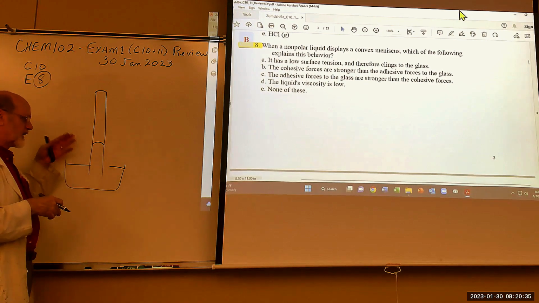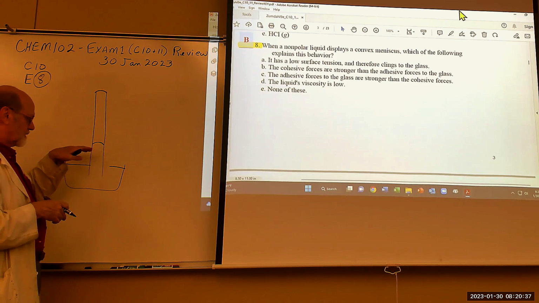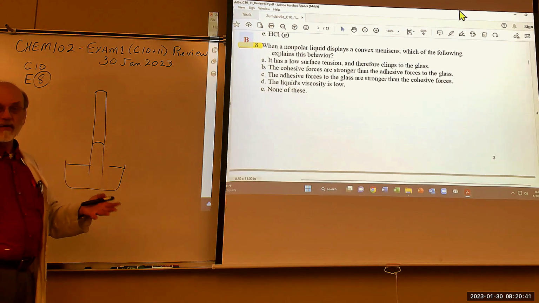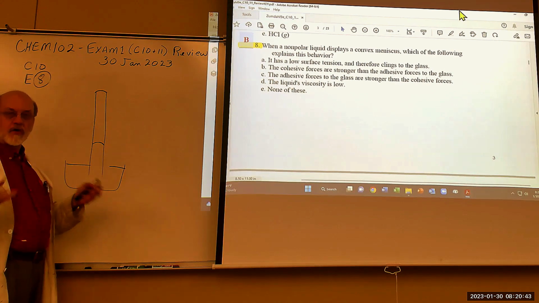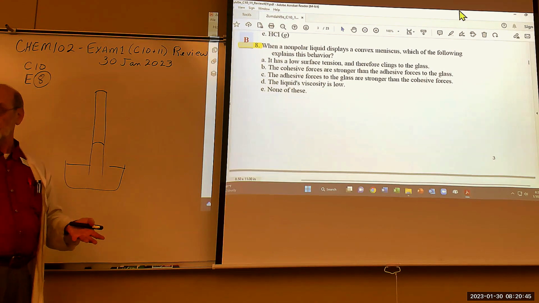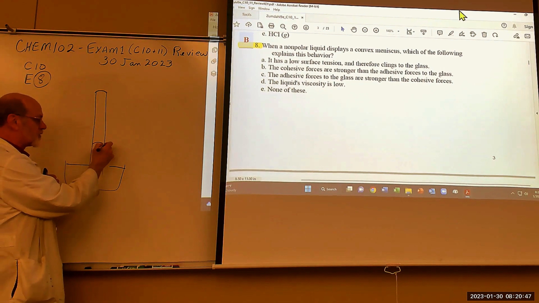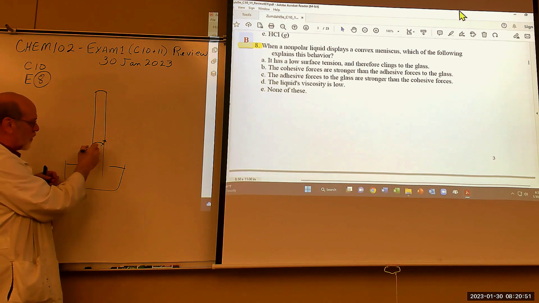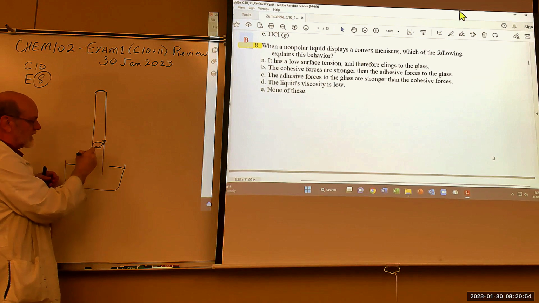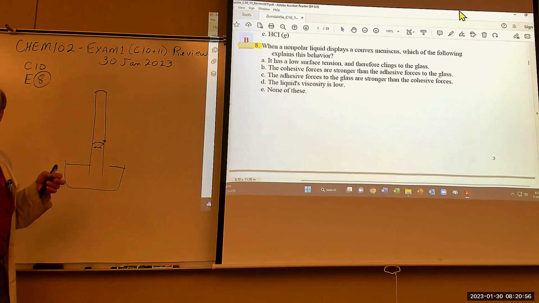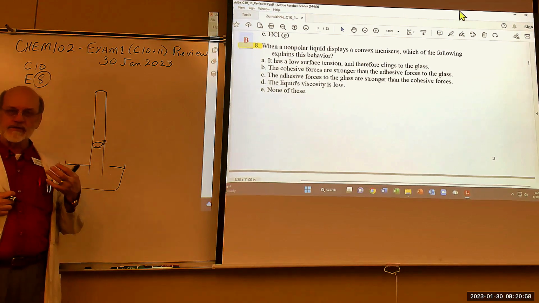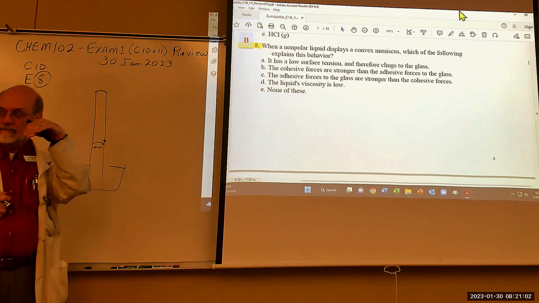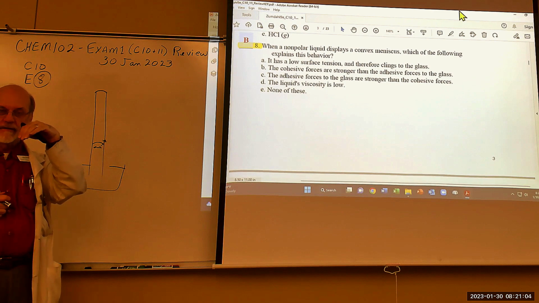So what forces are being exhibited here? Whether it's convex or concave, what forces are at work? Cohesive forces and adhesive forces. Adhesive forces are here, with the container wall. Cohesive forces are here, inside the liquid. So when the cohesive forces exceed the adhesive forces, you get that convex meniscus.